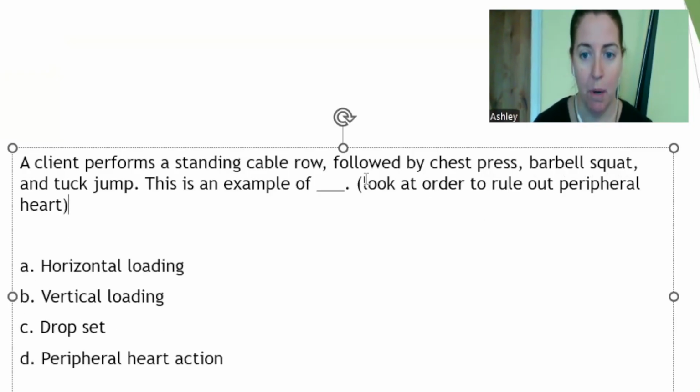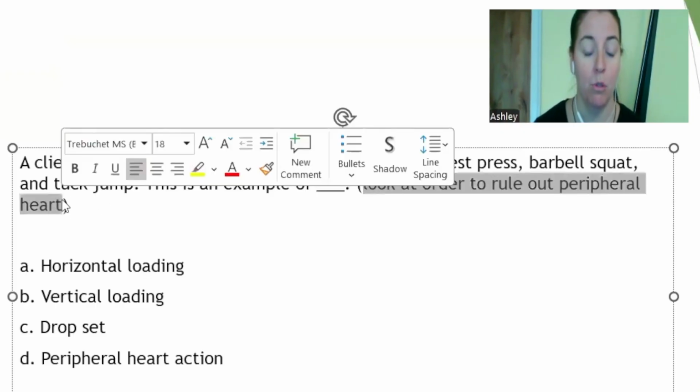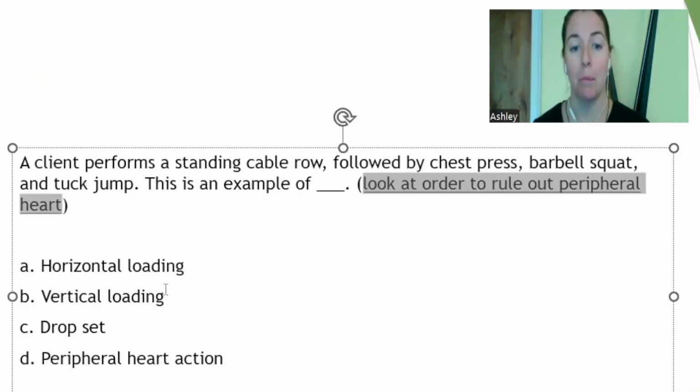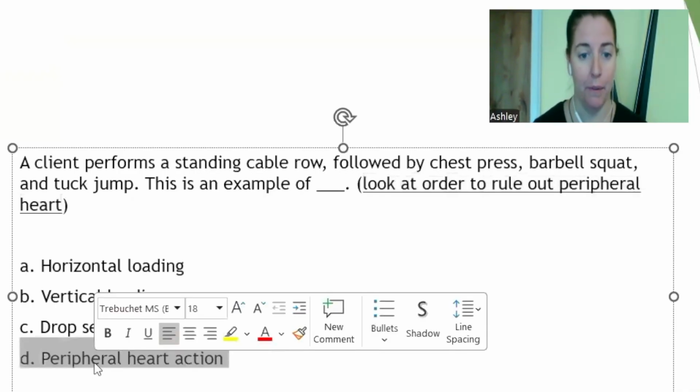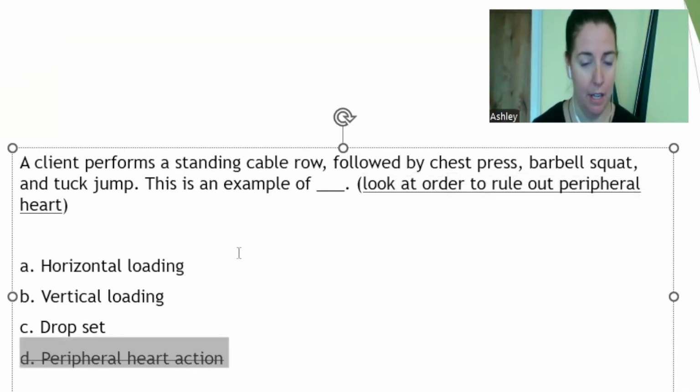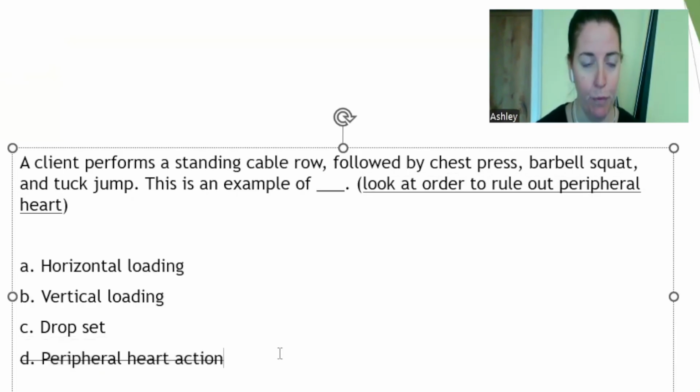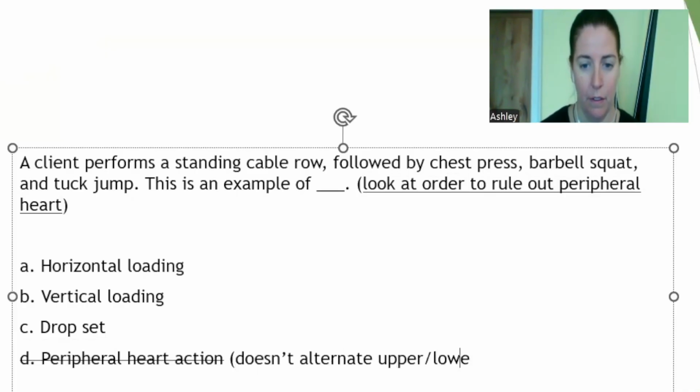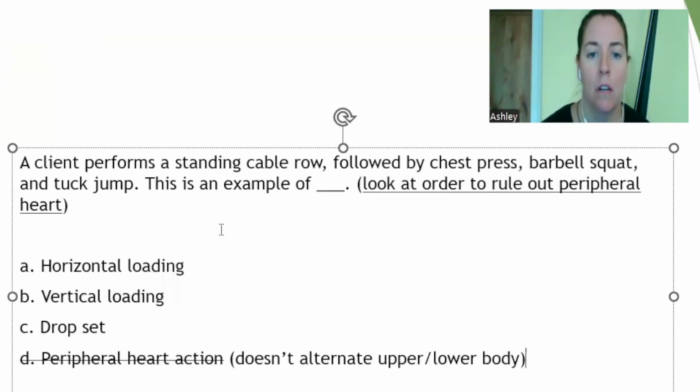So we see cable row followed by chest press. Even though it's two different muscle groups, it's upper body, upper body. So that means this is out, because it does not alternate. Okay, so what are we left with?